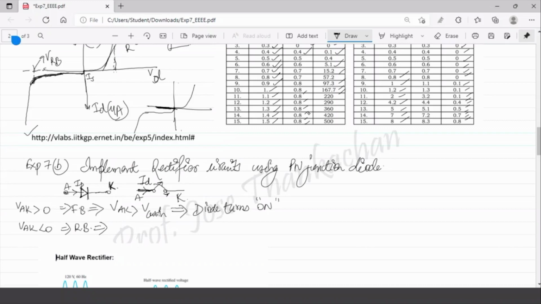This is the magnified view, 1000 times. Otherwise, on the same scale as the positive y-axis, this will be near 0. If it is near 0, that means no current is allowed to flow in the reverse bias condition. We can replace this switch by an open circuit, like this.